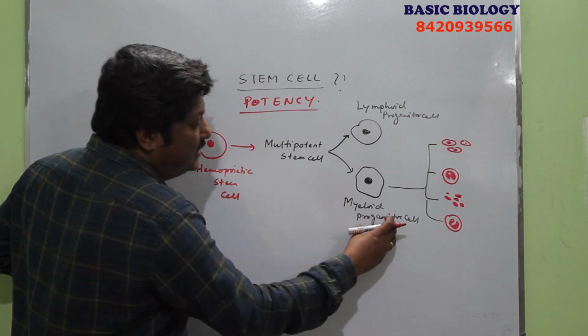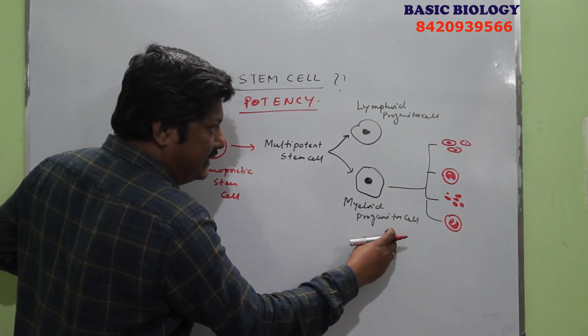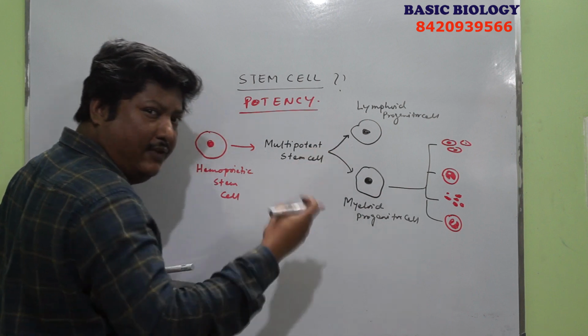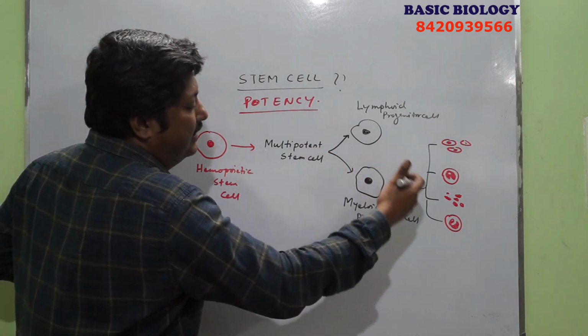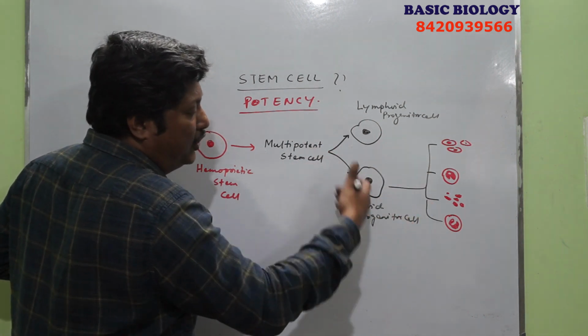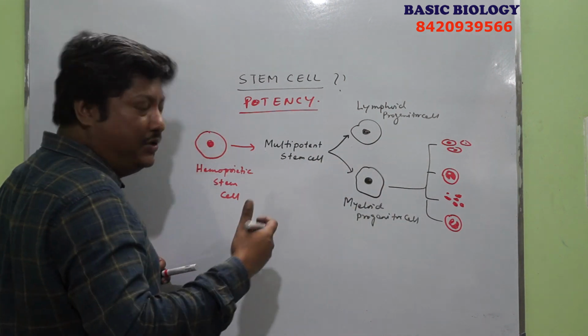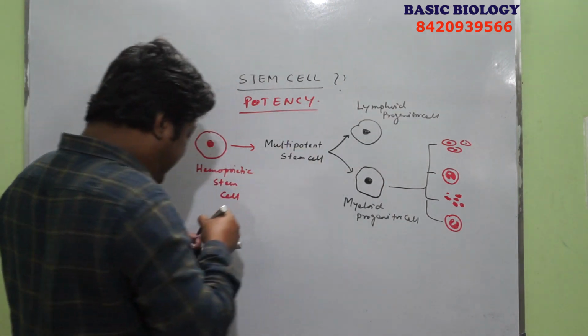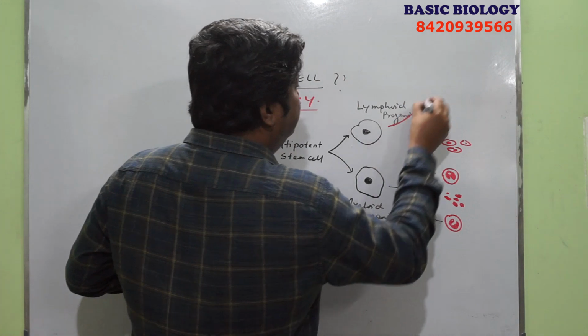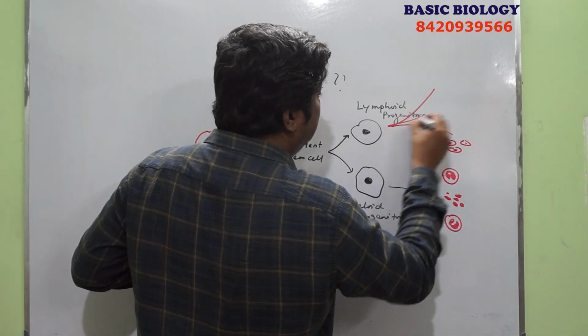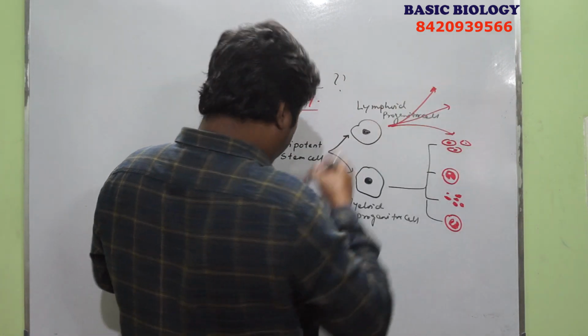That means these progenitor cells are restricted and having a less self-renewal ability, and their capacity to divide is also limited. Whereas the lymphoid cell will develop into different kinds of cells.